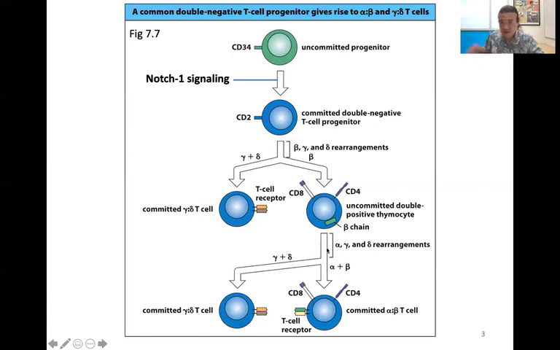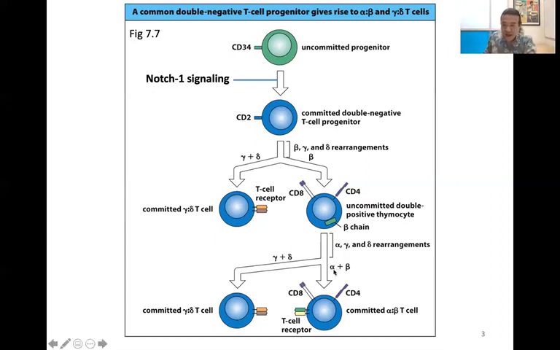Importantly, the RAG oven mitt starts up again and starts making the alpha chain to go along with the beta. But at the same time, it has access to the gamma and delta loci, so it could very well just this time make those chains. And if it does make a gamma and delta chain this time, this is the second opportunity to make a gamma delta T cell. And again, that gamma delta T cell will then just go off, right?